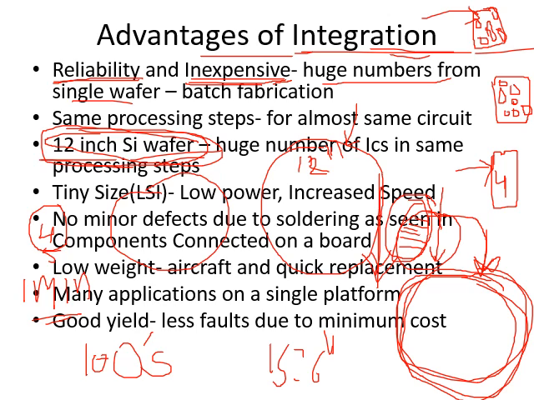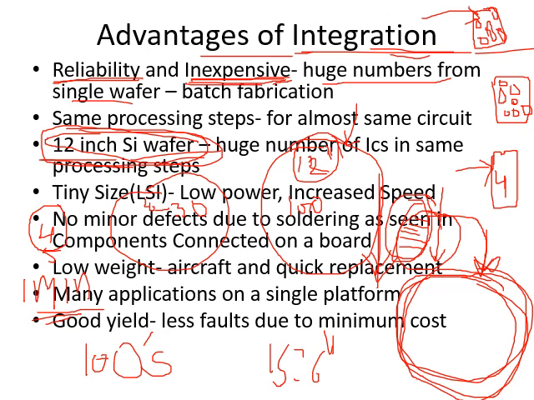But when we come to an 8-inch silicon wafer, he or she will manufacture say 20 to 30 or 40 ICs, right? With the same cost. And if I take a larger silicon wafer, then I can go with 100 ICs, again with the same cost, 1 million, right? So what I'm trying to say is, if we go with large-scale production, it will be more cost effective.